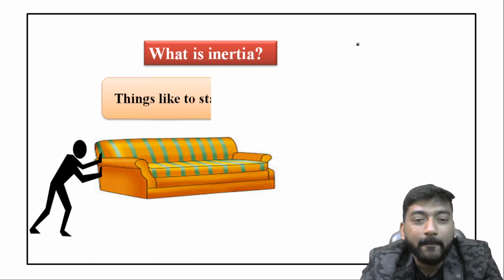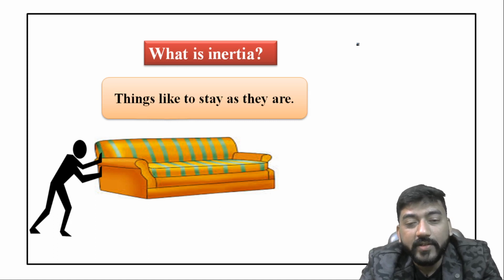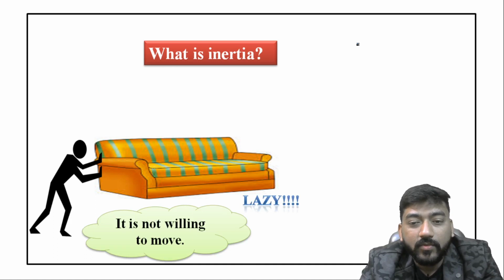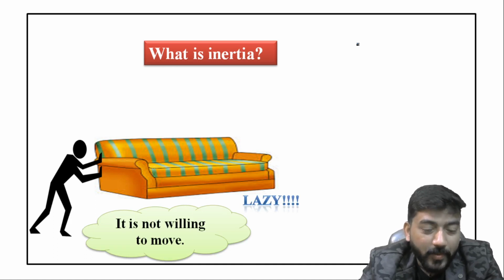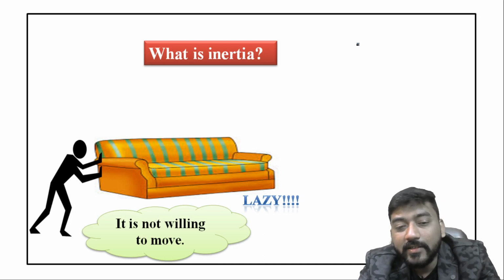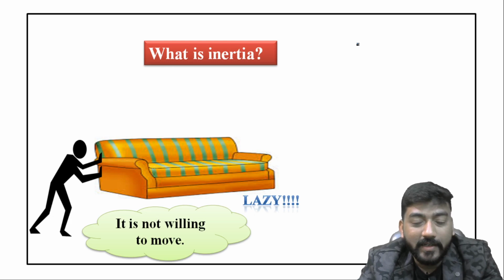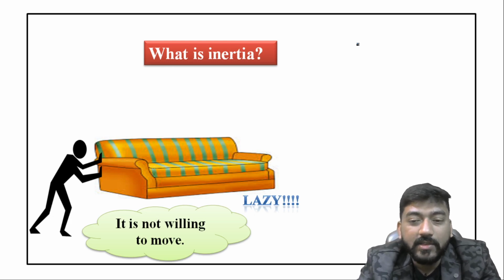So things like to stay as they are, obviously, due to their inertia or their mass, and they are not willing to move. This tendency to not be willing to move is, in our daily life, known by the word laziness, or something called lazy.